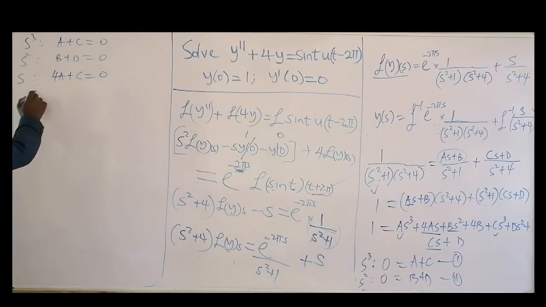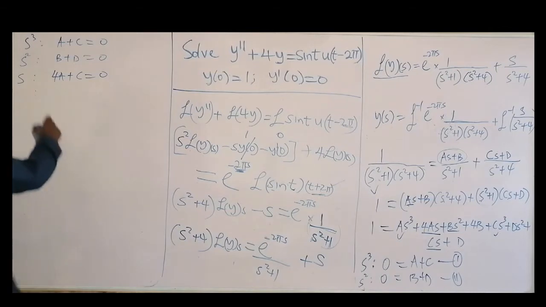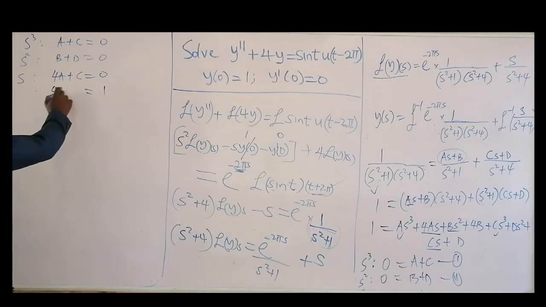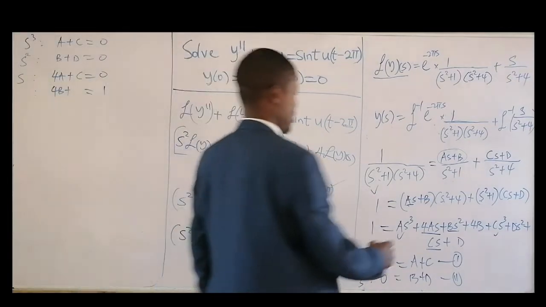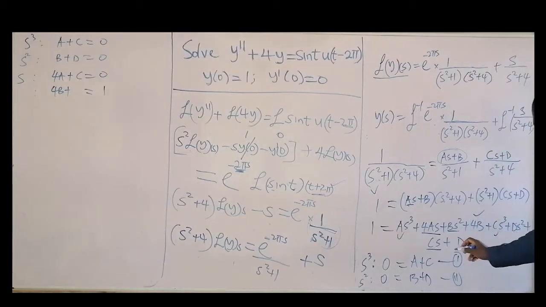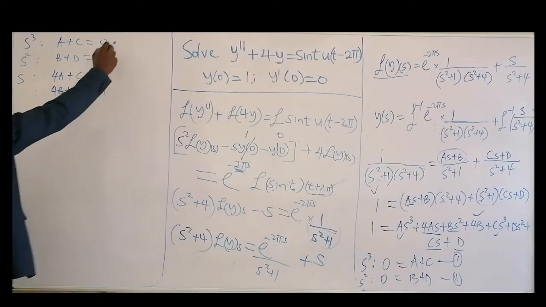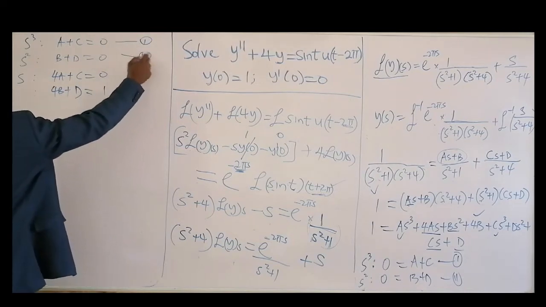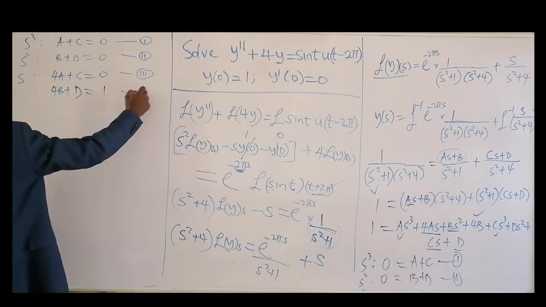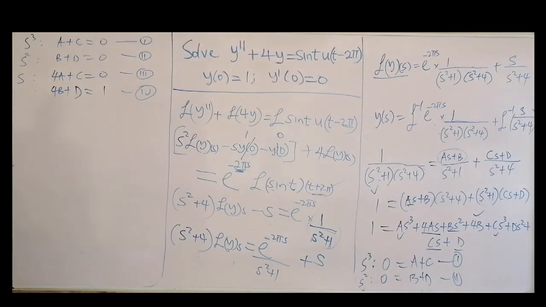And the constant terms, we have 1 on the left. Let's check the constant terms. That will be 4b plus d. Okay, so these are the 4 equations we were able to extract. There are 4 equations, so let's see how we can solve them.